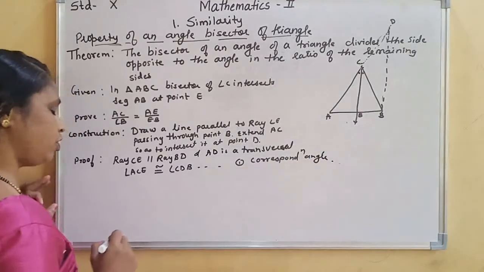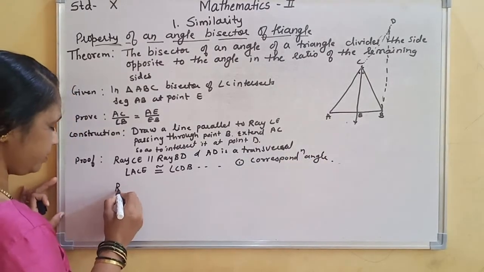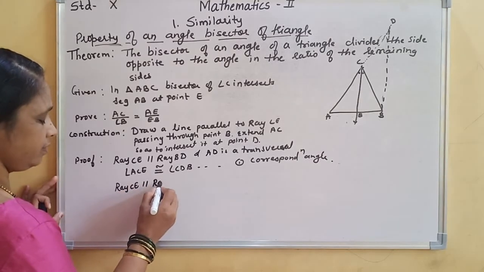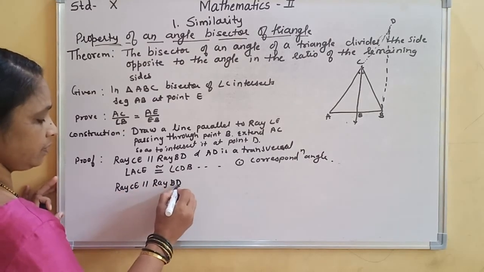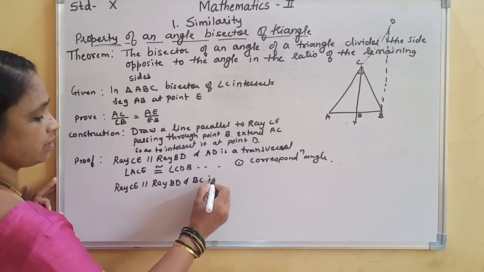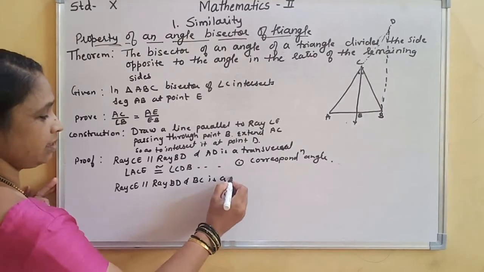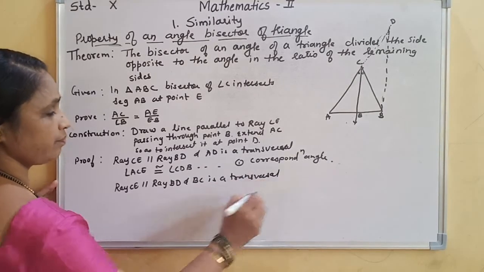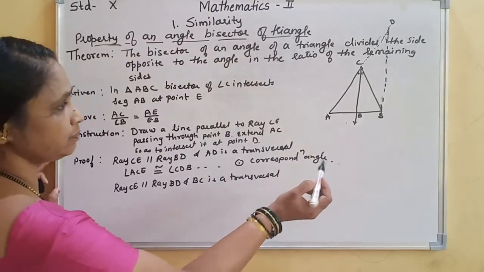Next, ray CE is parallel to ray BD, and we consider BC as a transversal. Which angles are formed due to this?